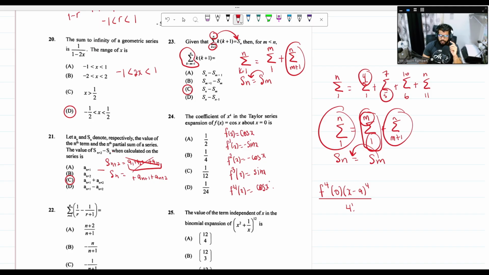So when x is 0, I'm going to get 1, so I'll get 1 times x minus 0 to the power 4, which is x to the power 4, over 4 factorial. 4 factorial is 4 by 3 is 12, 12 by 2 is 24, so 1 over 24 will be my coefficient.